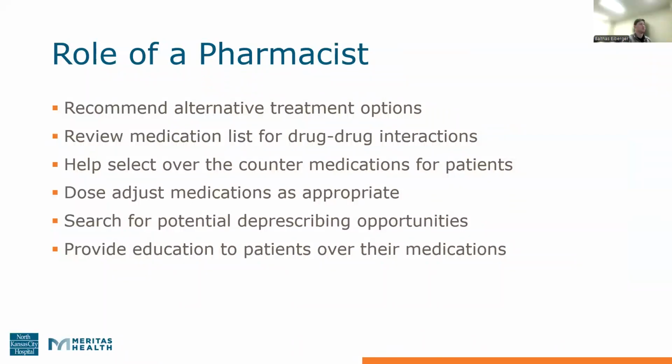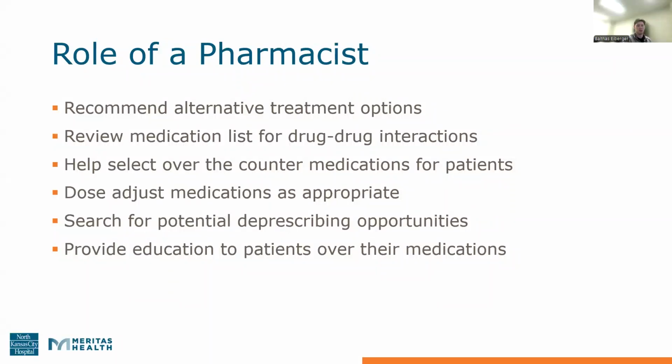So my take on this, the role of a pharmacist, how can we help? This is just what I came up with on my own. We can recommend alternative treatment options if a safer one does exist. We can review medication lists and screen for drug-drug interactions. We can help select over-the-counter medications for patients.